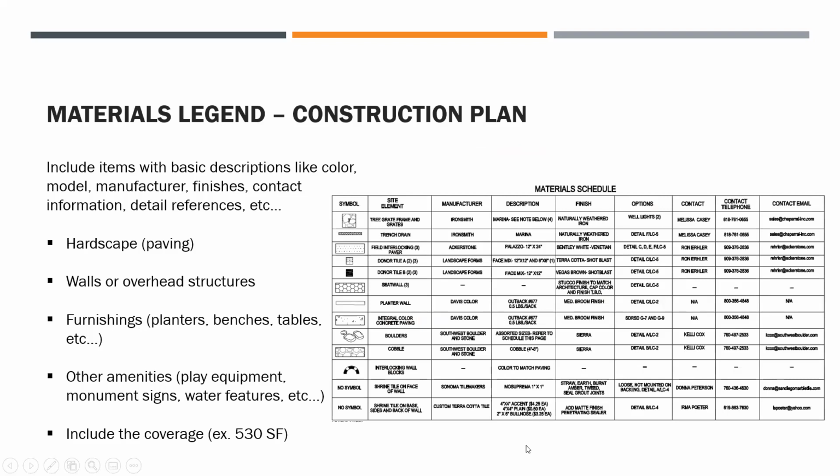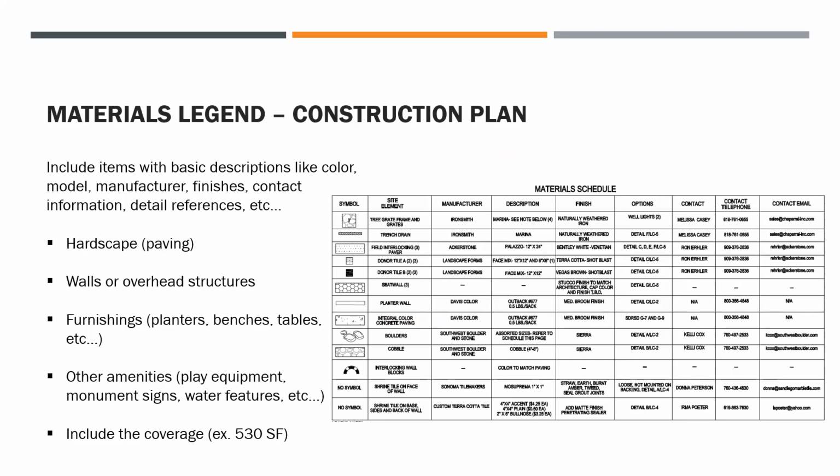If you're working in an office or issuing a more formal set of drawings, maybe you're a C27 landscape contractor and you're issuing more in-depth plans that you intend to build, then we might go further with the materials legend.